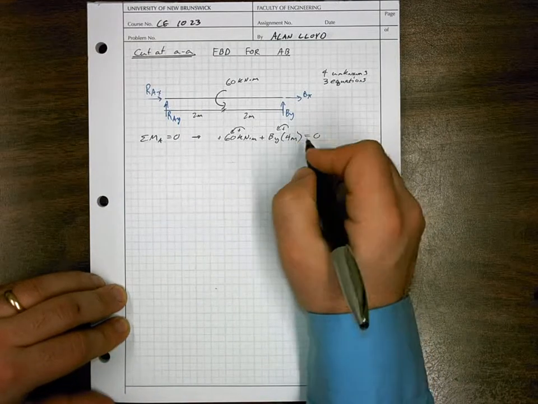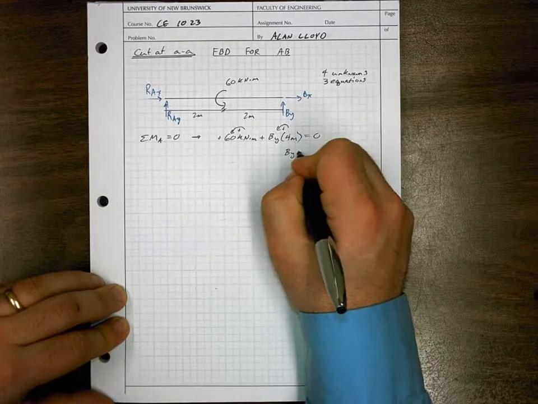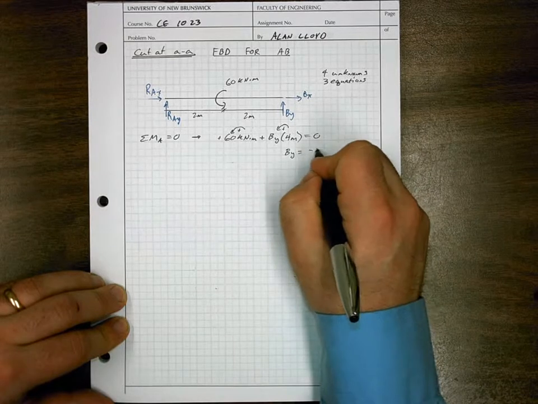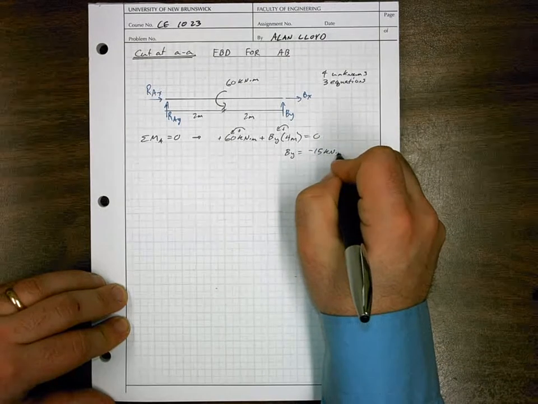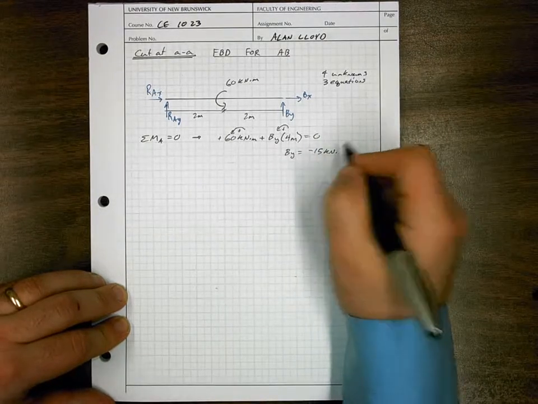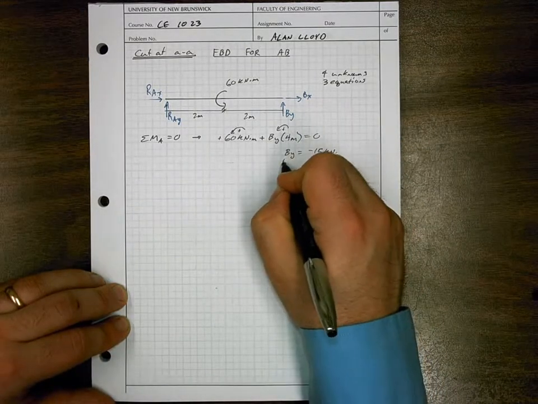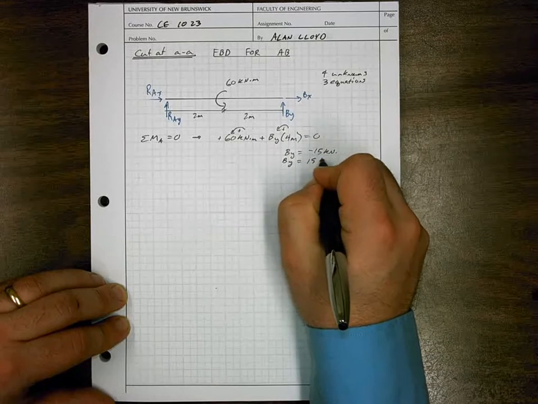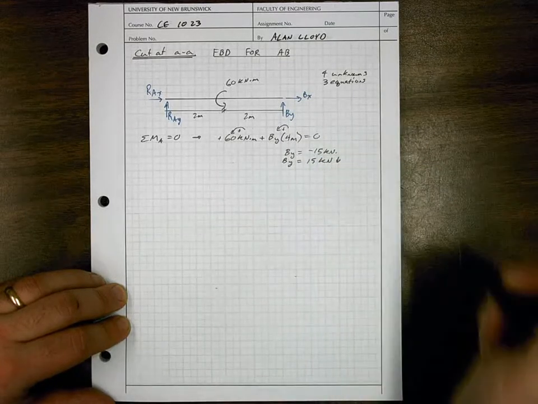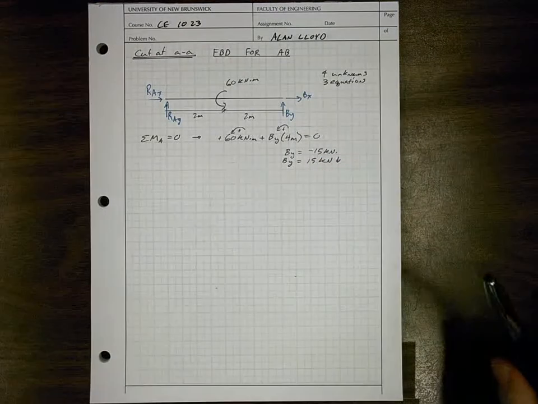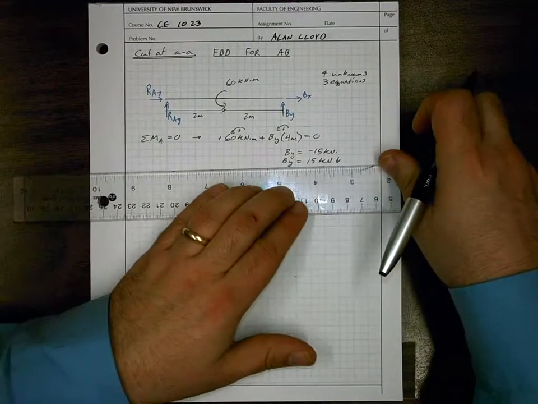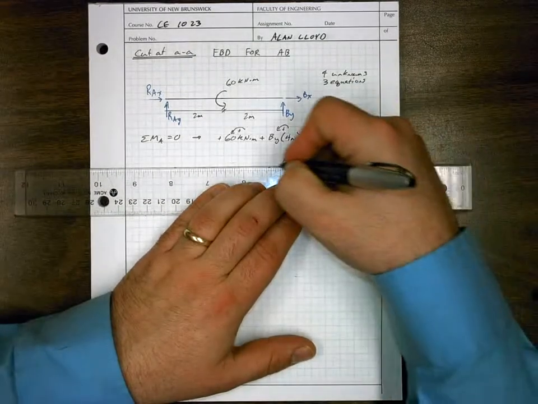And now we can solve for BY is equal to minus 15 kilonewtons. This means that BY is equal to 15 kilonewtons acting down, or the opposite direction than which we've drawn it. The internal force at that joint B is acting down.